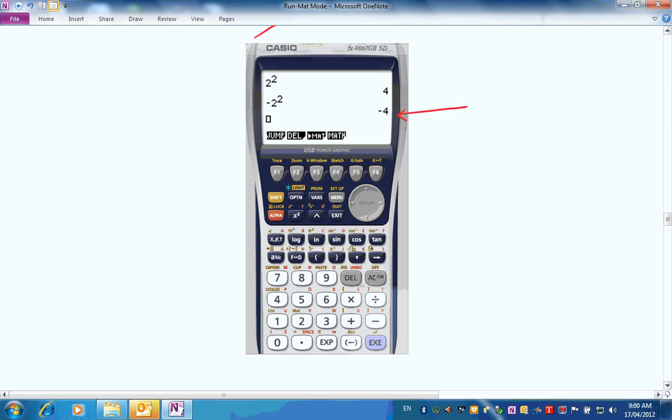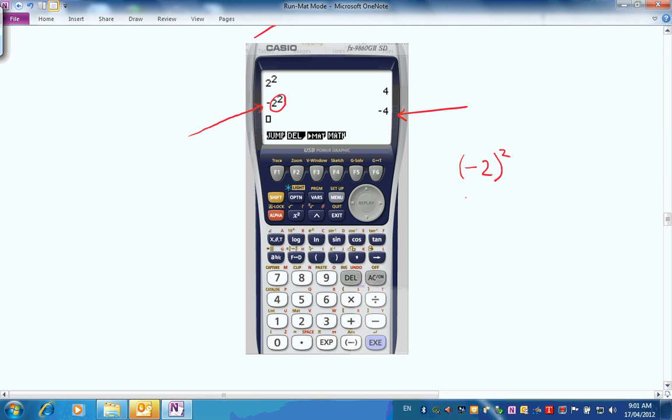When we entered -2, we should have used a bracket so that the calculator didn't just square the 2, but included its negative sign as well. So really, we should have made sure the calculator did that. What the calculator has done is ignored the negative sign, just squared the 2 and kept the negative sign out the front. And that's not what we meant.